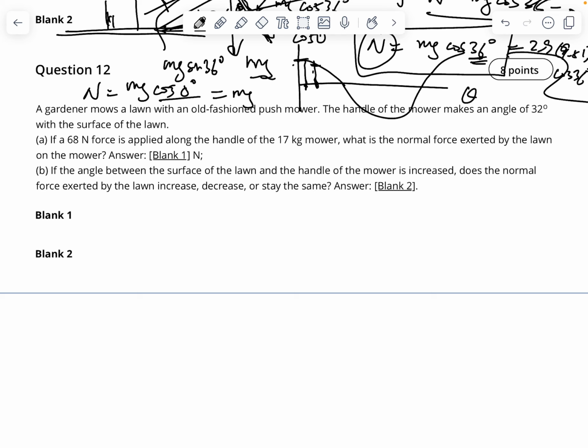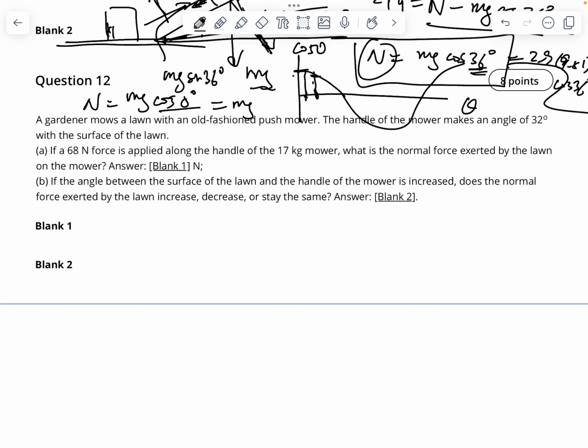Okay, number 12. A gardener mows a lawn with an old-fashioned push mower. The handle of the mower makes an angle of 32 degrees with the surface of the lawn. So here is the mower, right?